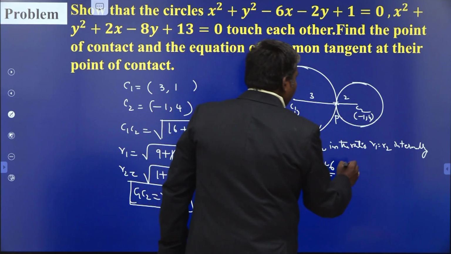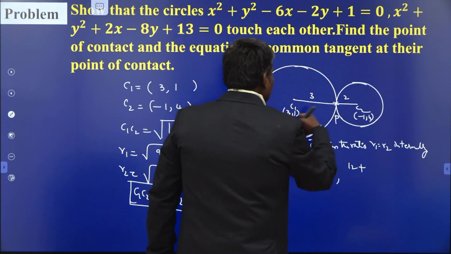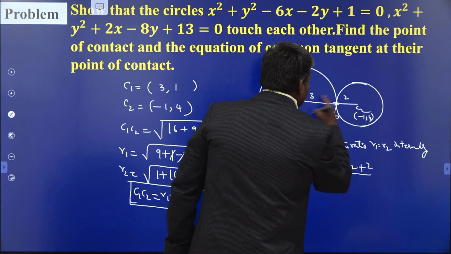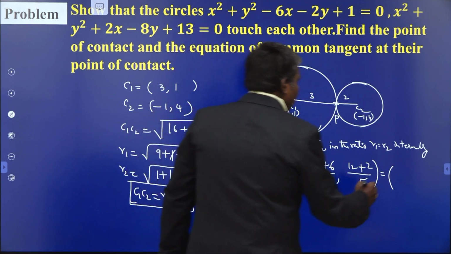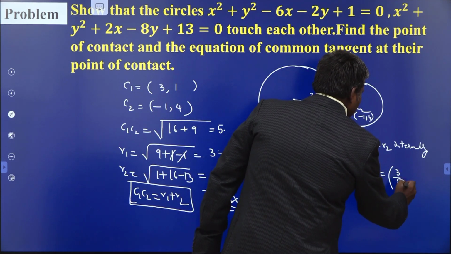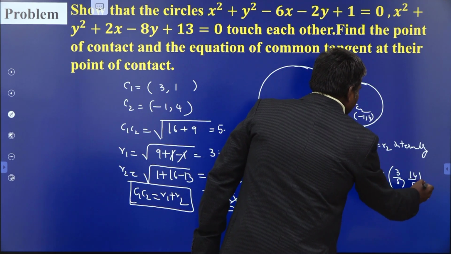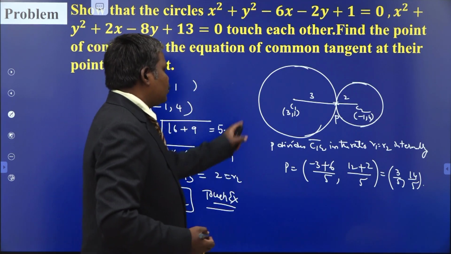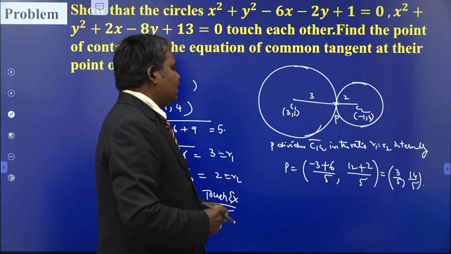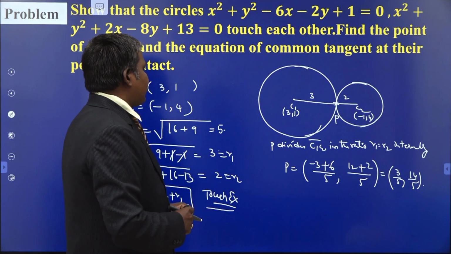Next, 3 into 4, 12, plus 2 into 1, 2, by 3 plus 2, 5. So, (3/5, 14/5). This is the point of contact of the two circles. So, the two circles touch each other at that point (3/5, 14/5).